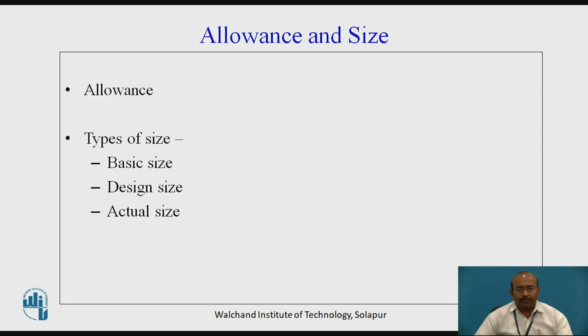As I told, there is a particularly assembly where number of parts are joined together for the particular fitment which results into the expected or defined output from that particular machine. As per the requirement, difference may be positive or negative.